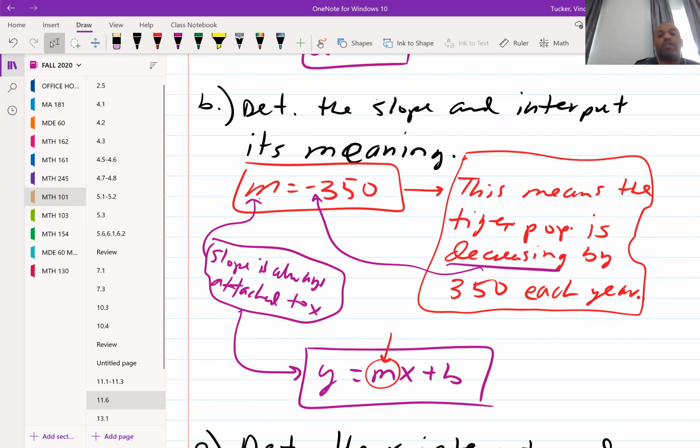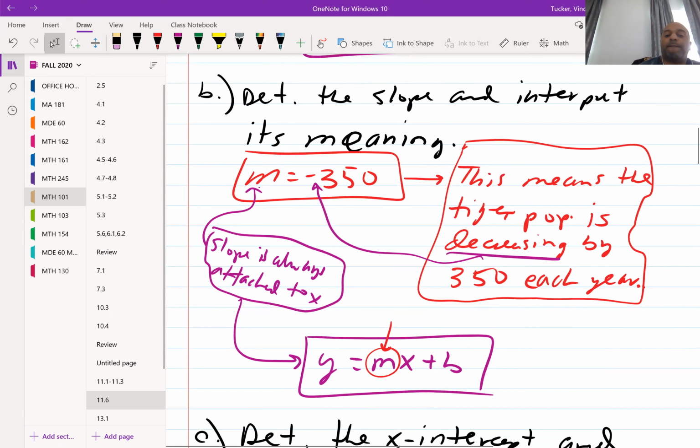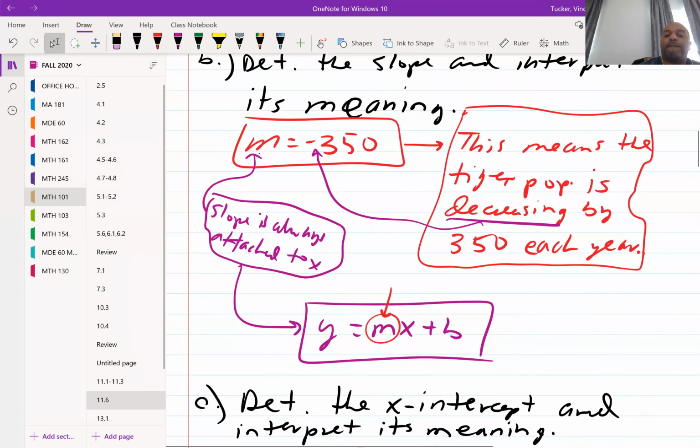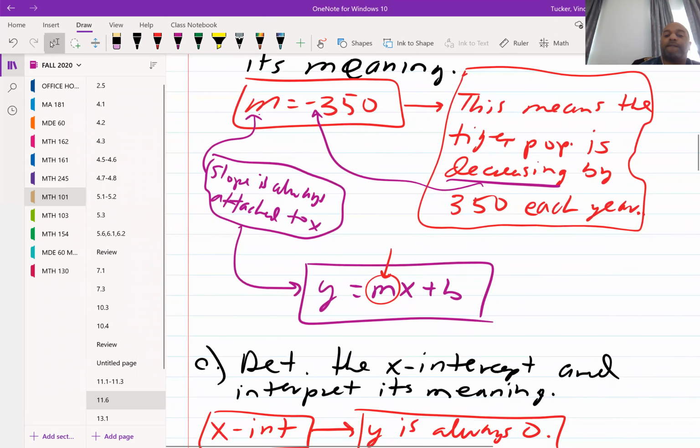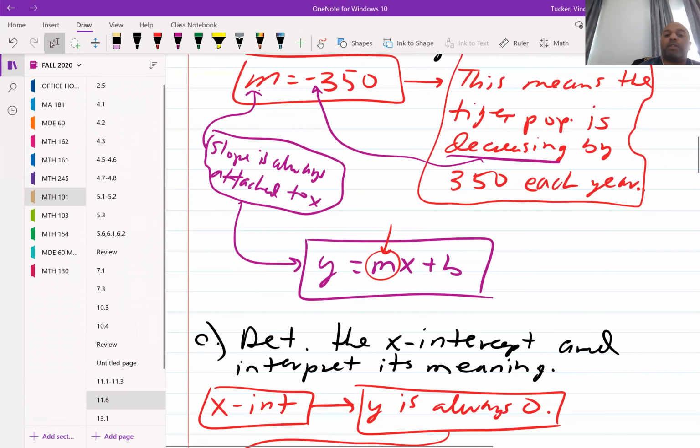So all they wanted us to do was determine the slope and interpret its meaning. All right, can I scroll up?